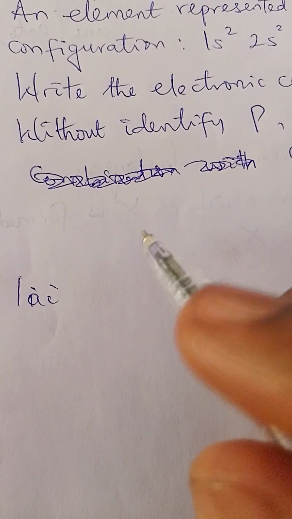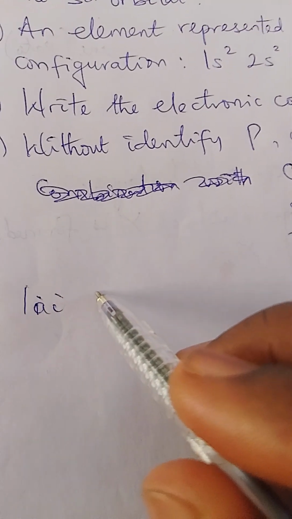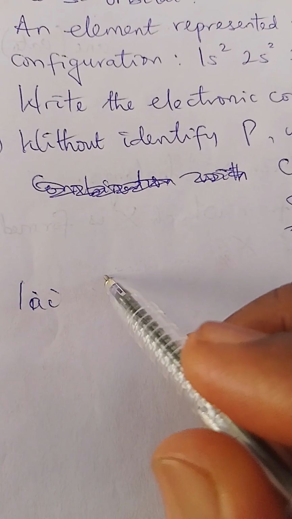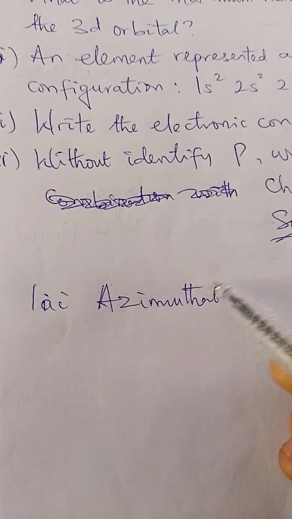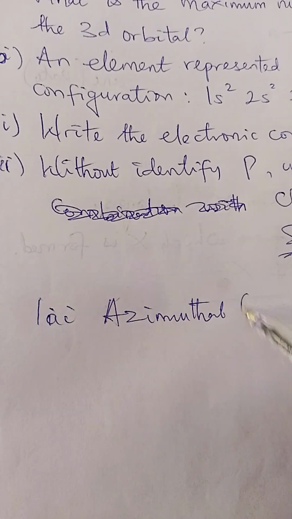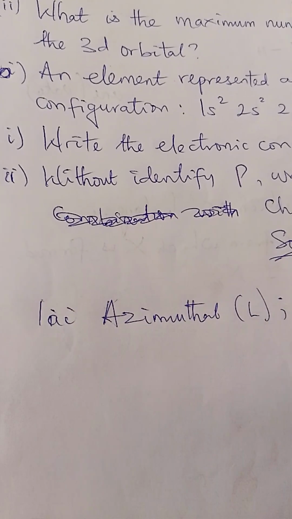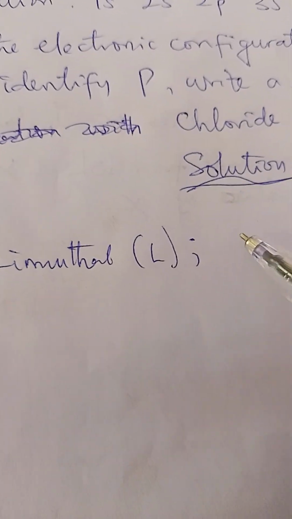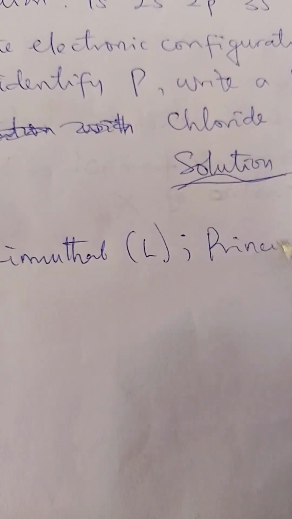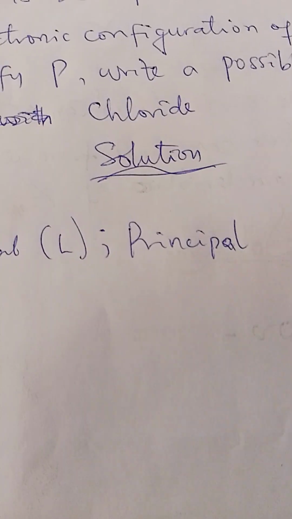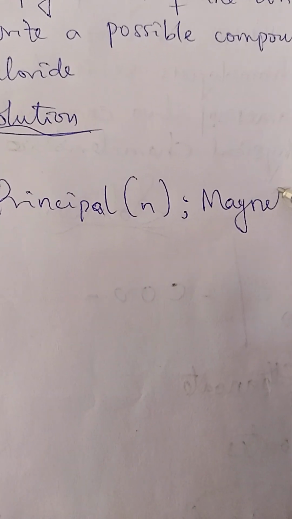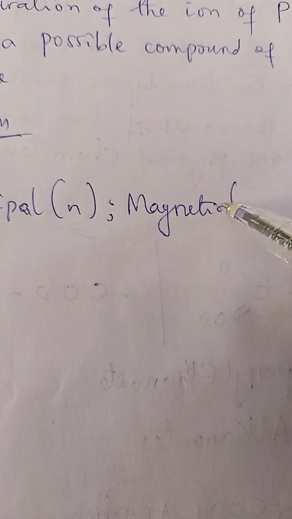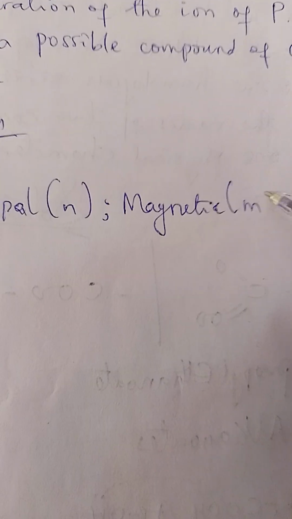The quantum numbers assigned to electrons, we have about 4 of them. We have one called the azimuthal quantum number, which is represented with letter L. We have another one, the principal quantum number, which is represented with letter N. We have another one called the magnetic quantum number, which is represented with letter ML.